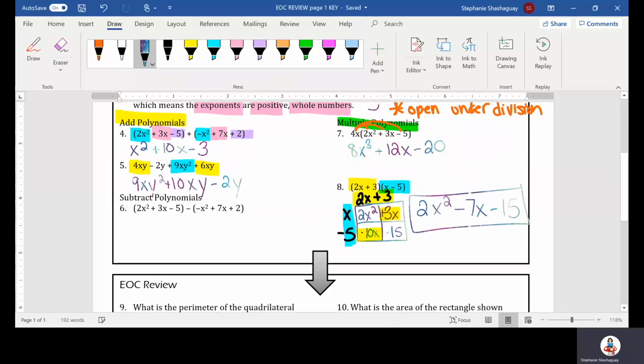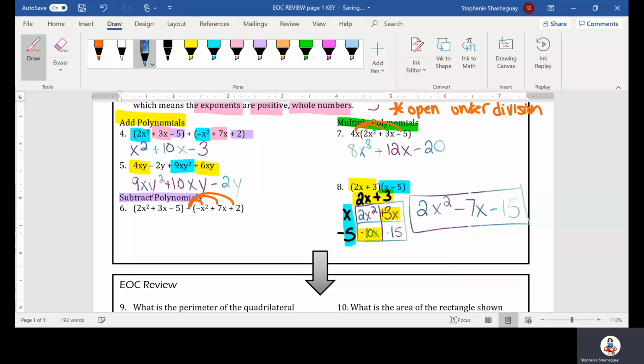Oh, I missed number 6, which was subtract the polynomials. Okay, number 6, I need to subtract these polynomials. And when you're subtracting a polynomial, what you really want to do is distribute that negative to every term inside the parentheses first.